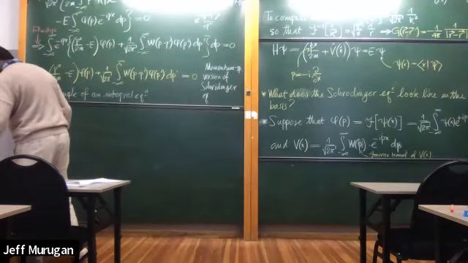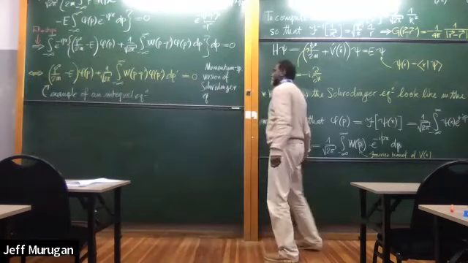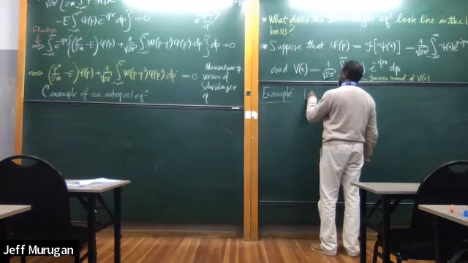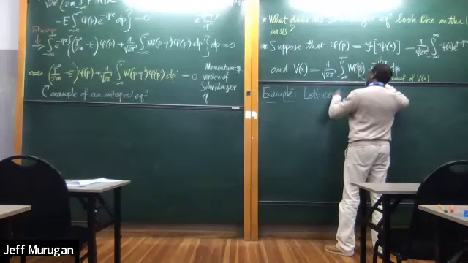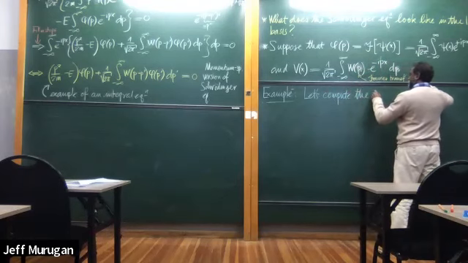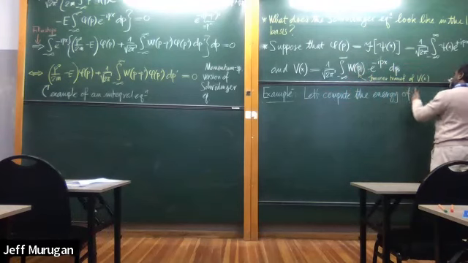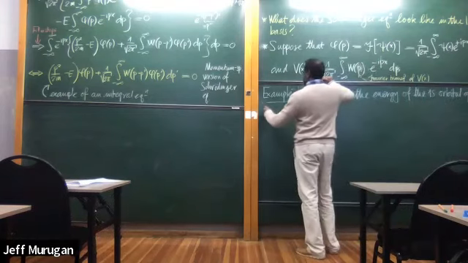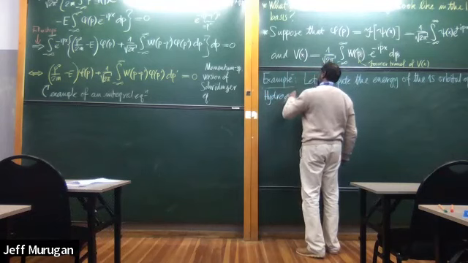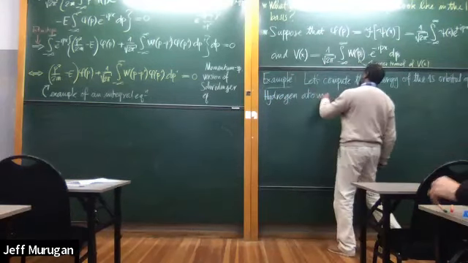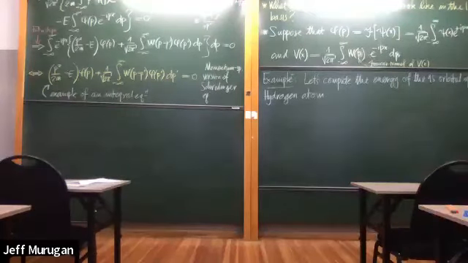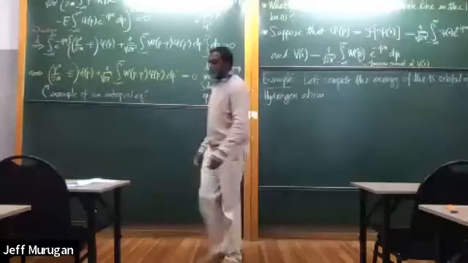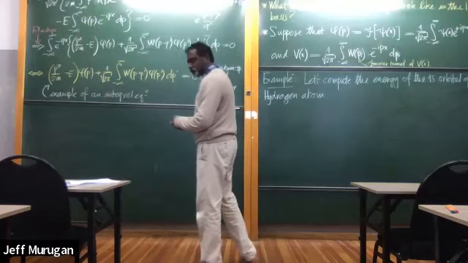So let me do one example quickly to illustrate how to use this, and we want to use this to compute the energy of the 1s orbital of the hydrogen atom, in appropriate natural units where h-bar equals 1.